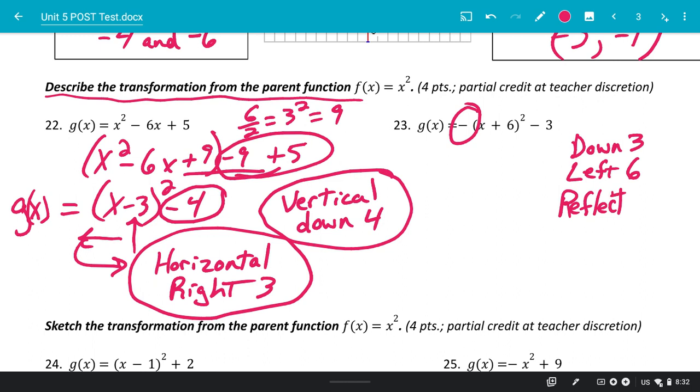So reflect over the x-axis. Or if you'd said reflect vertically, that would work as well. All right.